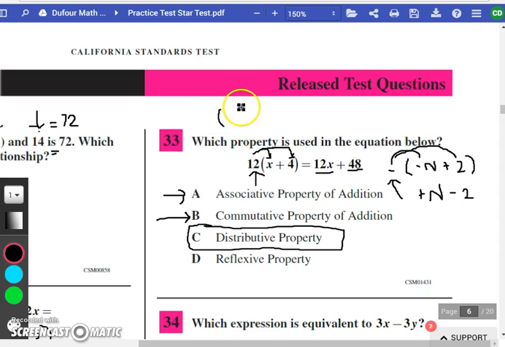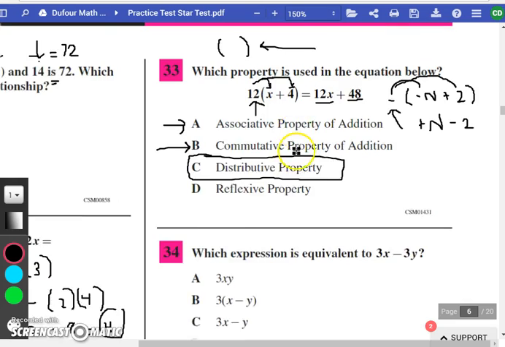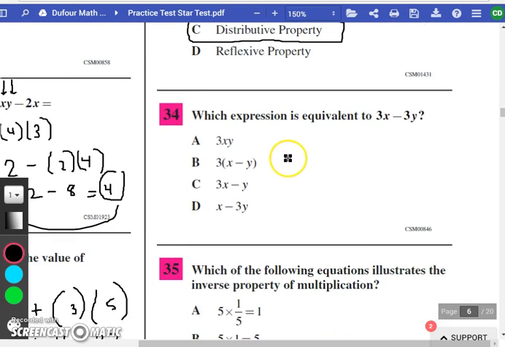One of the things I want you guys to write down: when you see a parentheses, what do you need to think of? Multiplication. That's all I want you to think about. Okay? So question number 34, they are going to ask which expression is equivalent to 3x minus 3y.